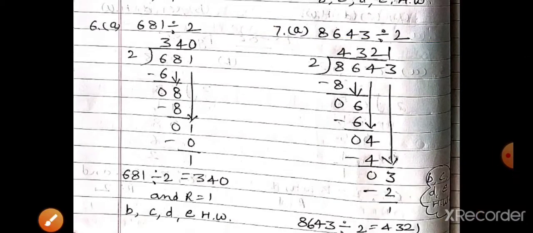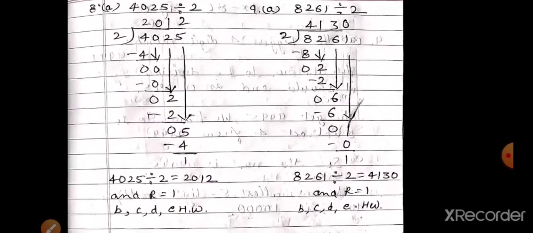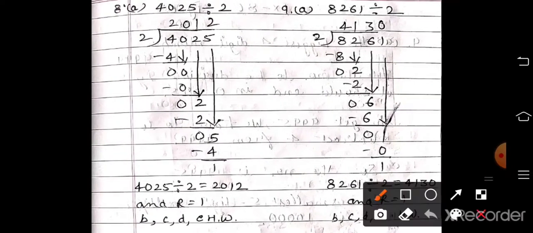Now question number 7, like this you have to do. Here remainder is also 1. Okay, now the next question number 8, 4025 divide by 2. So first divide like this, last 5 minus 4, remainder is 1.